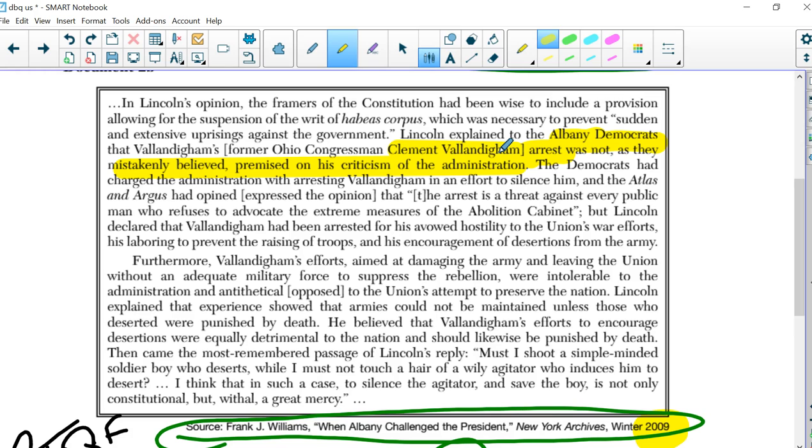Furthermore, Vallandigham's efforts aimed at damaging the army and leaving the Union without an adequate military force to support the rebellion were intolerable to the administration and antithetical," which means opposed, "to the Union's attempt to preserve the nation. Lincoln explained that experience showed that armies could not be maintained unless those who deserted were punished by death. He believed that Vallandigham's efforts to encourage desertions were equally detrimental to the nation and should be likewise punished by death." Ooh.